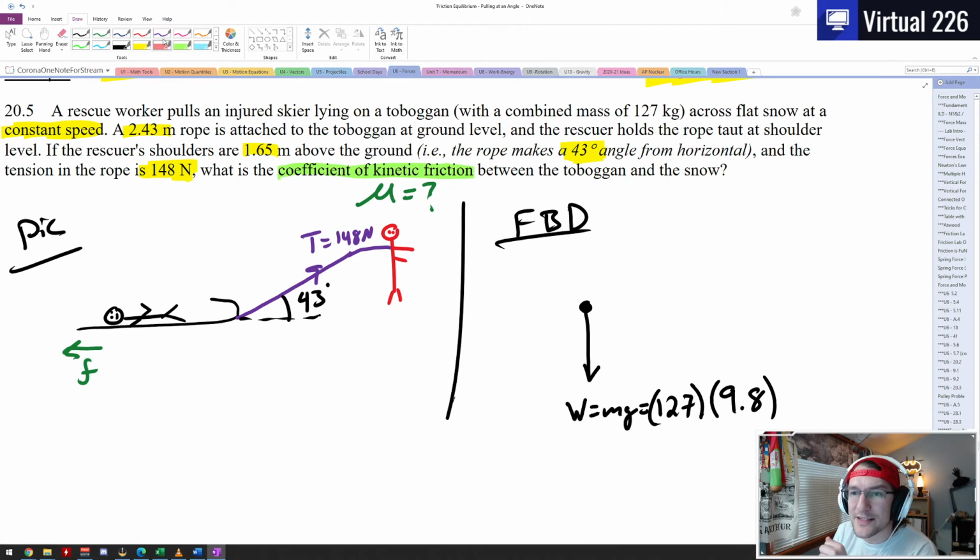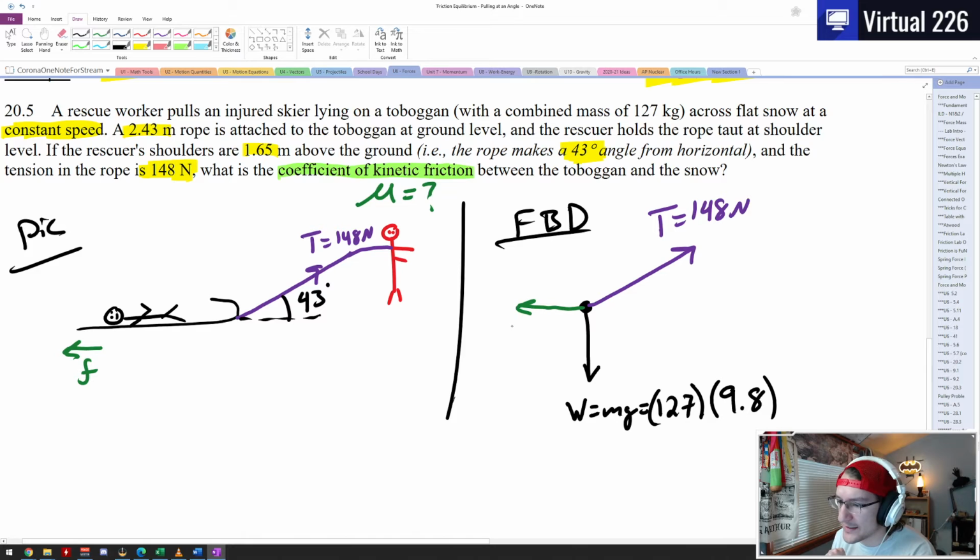Okay. We know that there is a tension acting at an angle like this. So that's 148 newtons. And we know there is some friction opposing the motion of the sled, so the friction's acting backwards here.